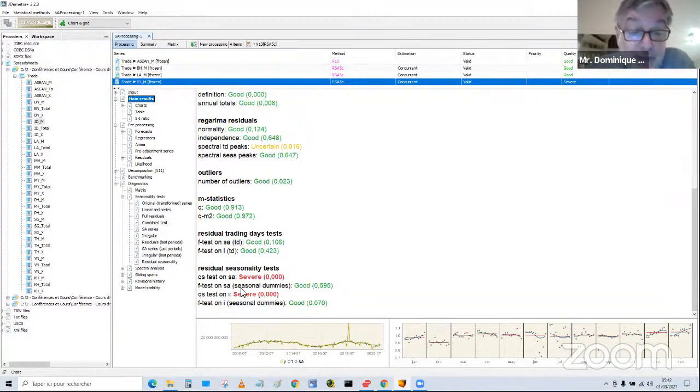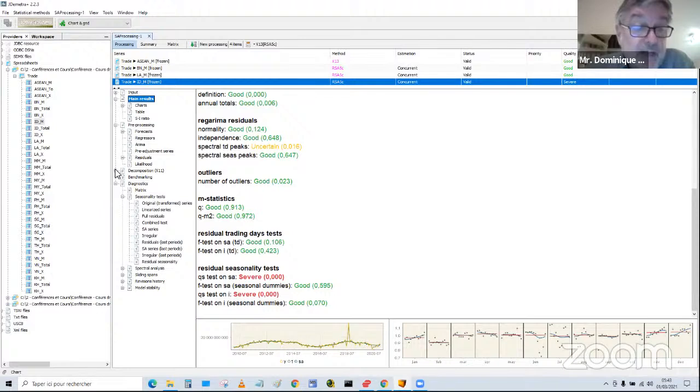You see, the F test itself is good. Okay, so I'm not very worried, and I have no residual trading day effect. And the M statistics are good, but very close to 1. So I anticipate we will have a look at that. But I have problems with the irregular.